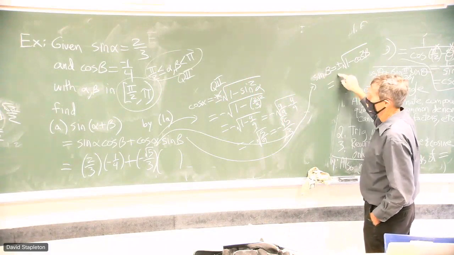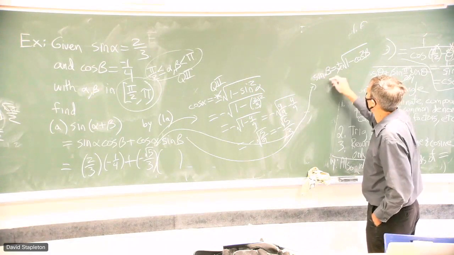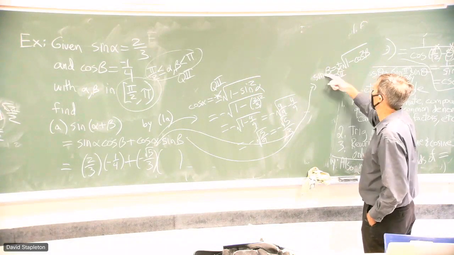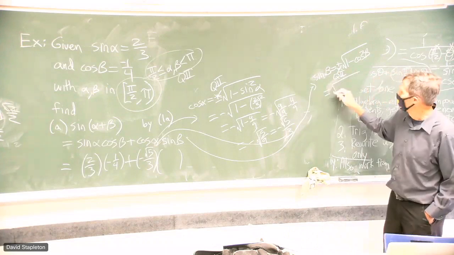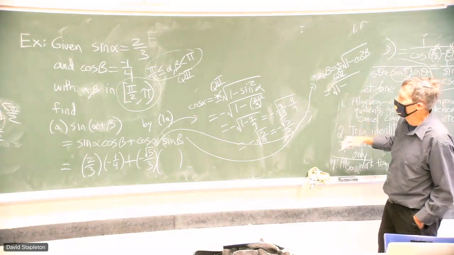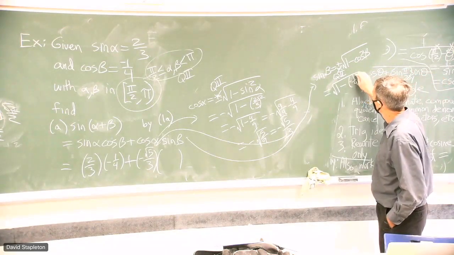It's in quadrant 2, sine is positive, so I'll take the positive here. It is plus the square root of 1 minus cosine squared, and cosine was minus 1/4.